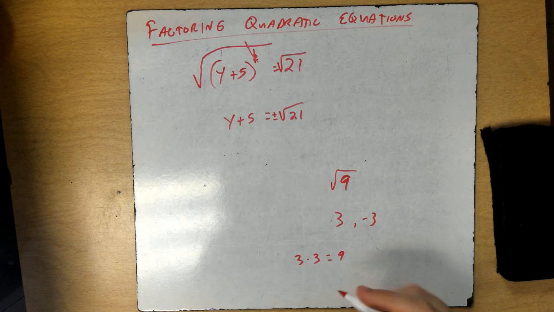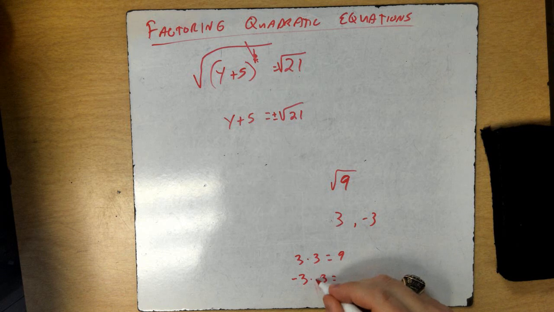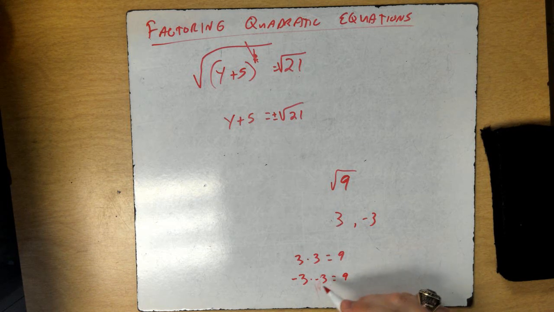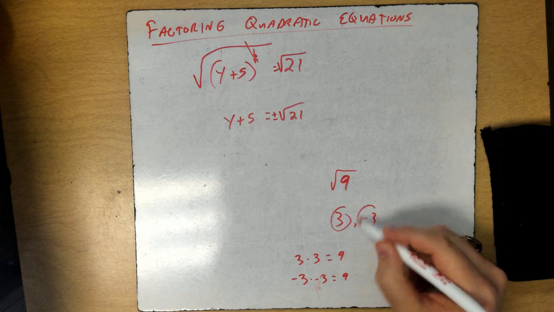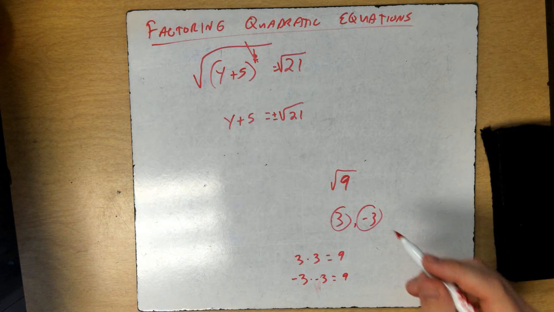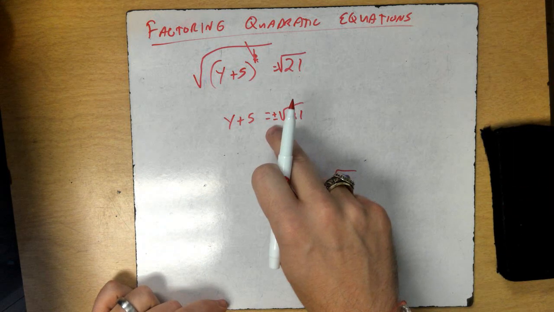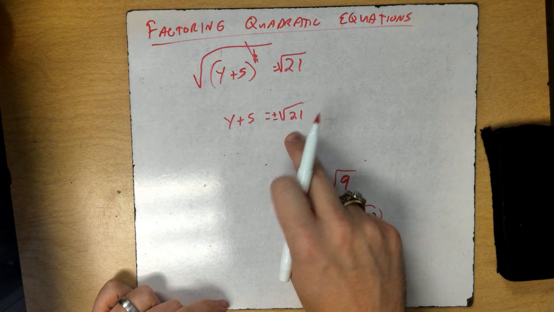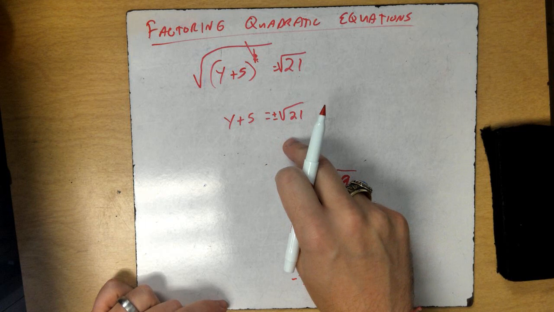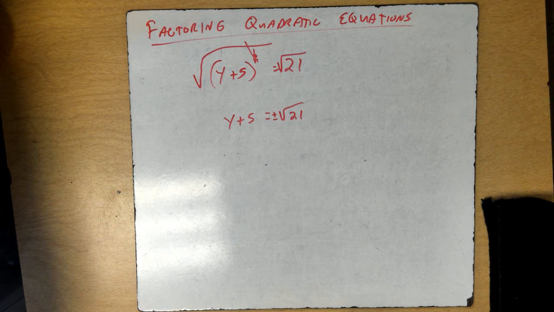And the same thing, a negative 3 times a negative 3 also gives us a positive 9, because negative times negative is a positive. So in this case, both 3 and negative 3 are the square roots when we square root 9. So when we're doing this problem here, we have to put a plus or minus the square root of 21 because it's going to be whatever that number is, a positive and a negative of that same number. And that does matter. You'll see in a second.